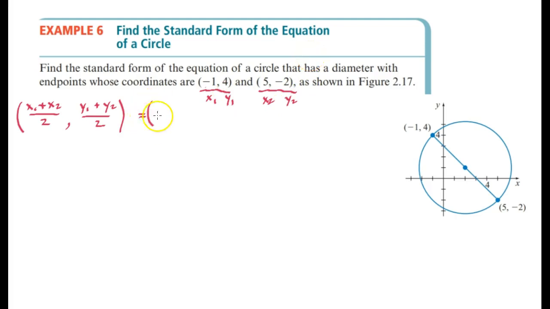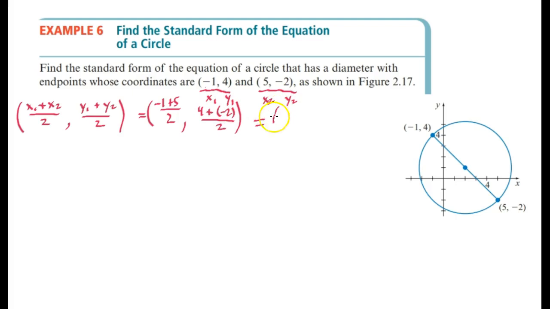So this is equal to -1 plus 5 over 2. And then we have y1 plus y2, so that would be 4 plus -2 over 2.